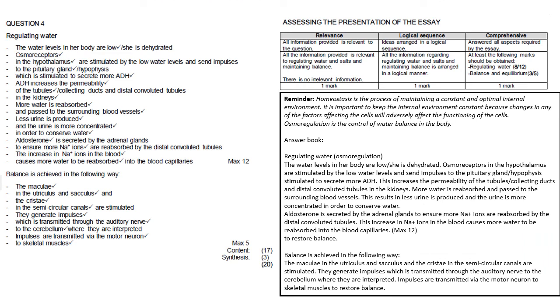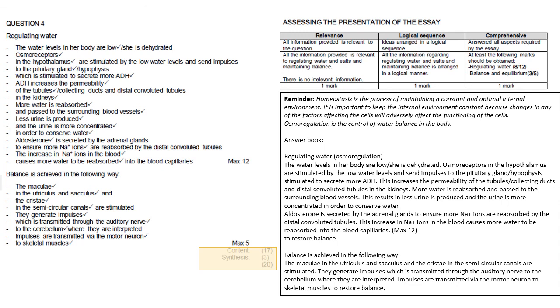Question 4 is marked for content and synthesis, where the synthesis contributes 3 marks according to the table I've put at the top right. You can pause the video and have a look through that, but I am going to read what I have put into essay form, and on the left are the many points that'll give you the marks.